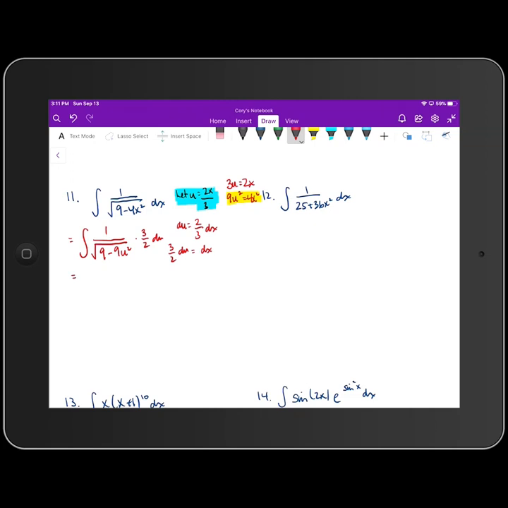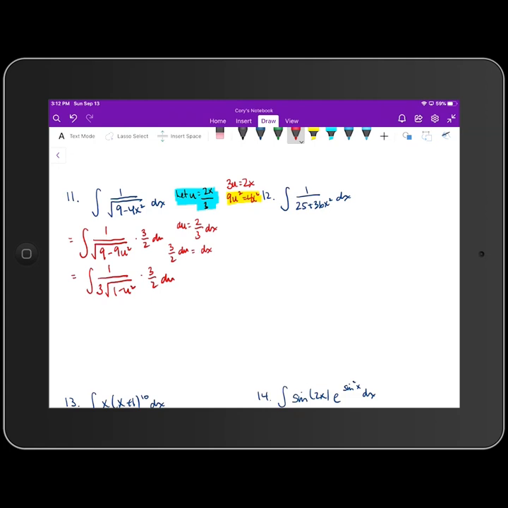And the reason I'm going to do that is we have 1 over, when I look at that denominator, rad 9 minus 9u squared, I can factor a 9 out of both of those terms. So I can rewrite that denominator as the square root of 9, which is 3, times the square root of 1 minus u squared, which we're multiplying by 3/2 du.